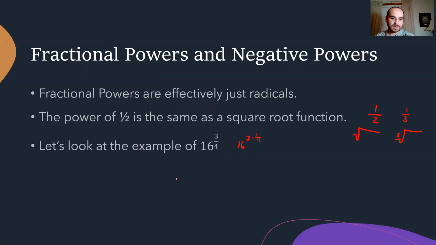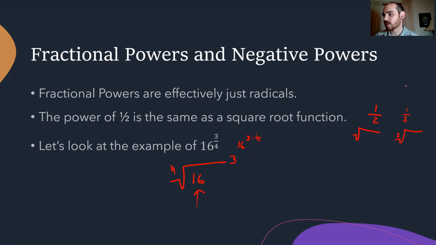So this is effectively the 16 4th root cubed. It doesn't necessarily matter which order you solve these in. I'm going to let you know now that generally speaking, it's easiest to do it with the roots first, right? So in this case, you would take the 4th root of 16, which happens to be 2, and then you would cube that, which would give you 8. So it doesn't actually matter which way you do it.